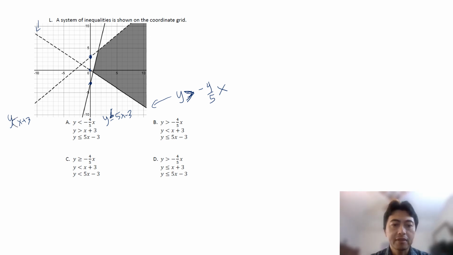So looking at that, the final answer is y is less than or equal to 5x minus 3, which is this one. And then it should be greater than negative 4/5 x.